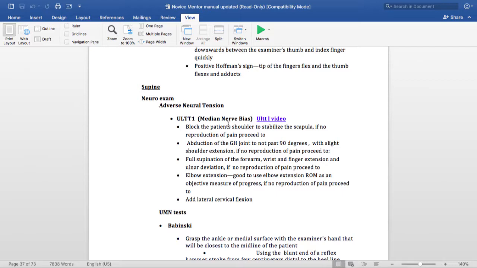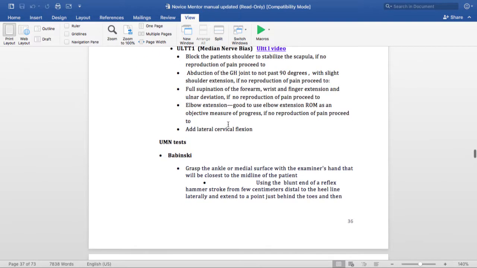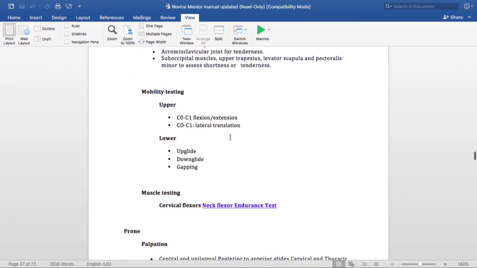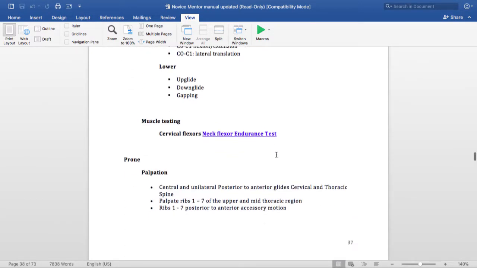Let me go through palpation in this position in supine: SC joints for tenderness, AC joints. Then you can again get some of the suboccipitals, upper traps, etc. You can read through that. If you're not sure, the next test will be the neck flexor endurance test. You can watch the video.